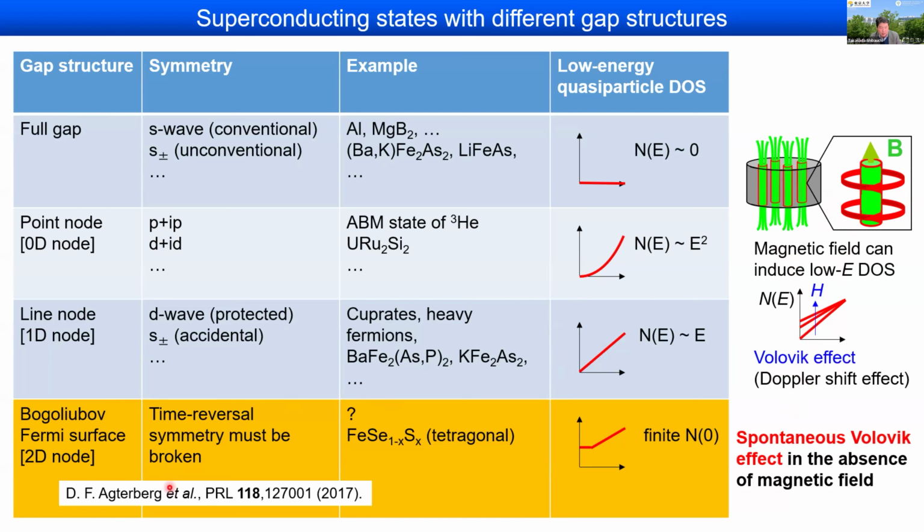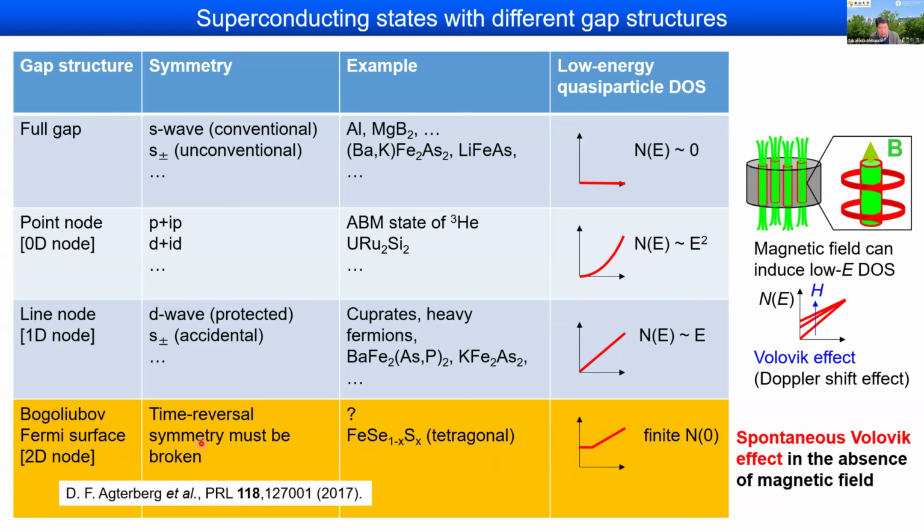And very recently, theory suggests that you may find a new type of superconducting state, I think the fourth class, in which you have two-dimensional nodes, which are called Bogoliubov-Fermi surfaces. If this happens, you can find zero energy finite density of states, like a metal, even in the superconducting state.